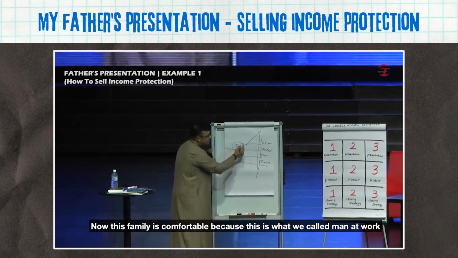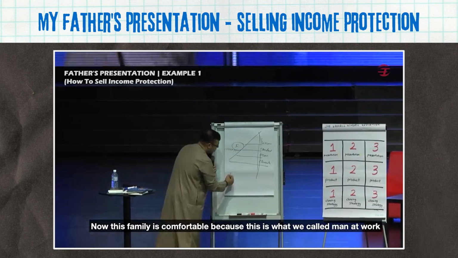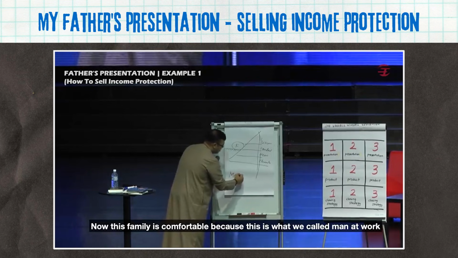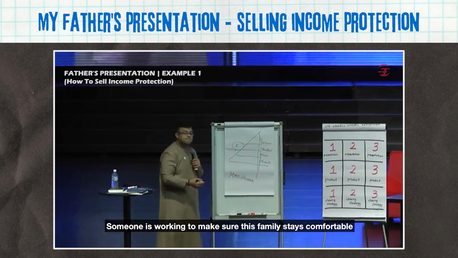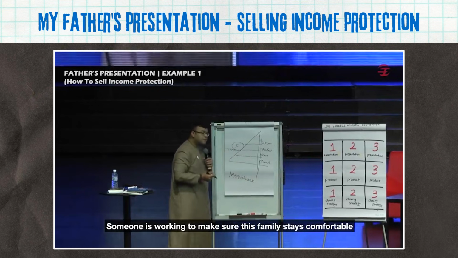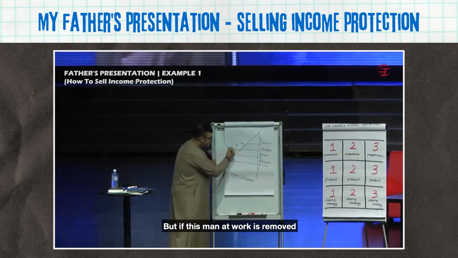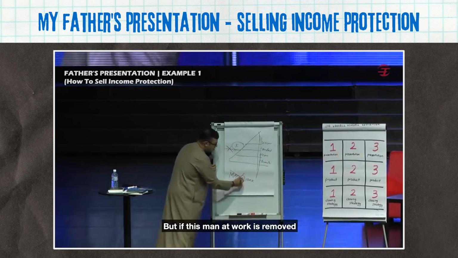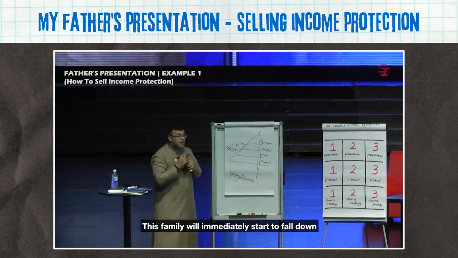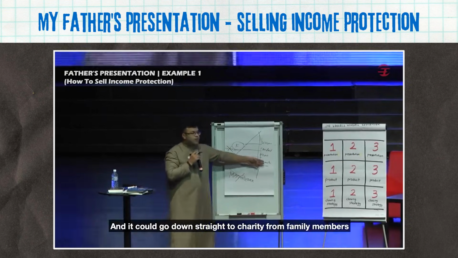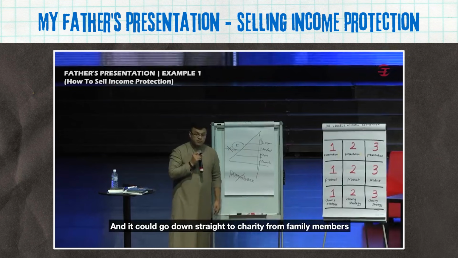Now this family is comfortable because this is what we call man at work. Someone is working to make sure that this family stays comfortable. But if this man at work is removed, this family will immediately start to fall down, and it could go down straight to charity from family members.